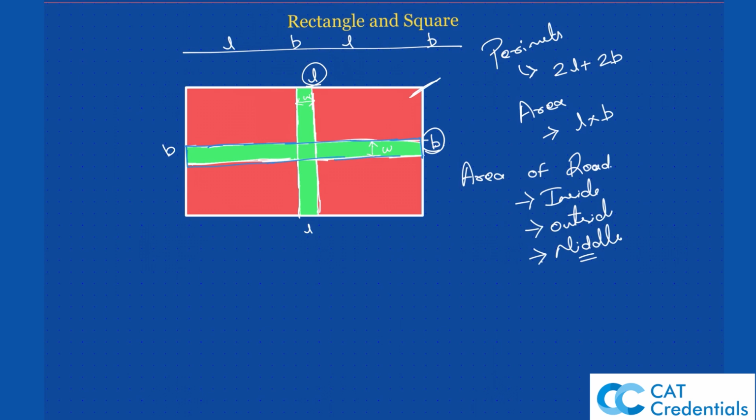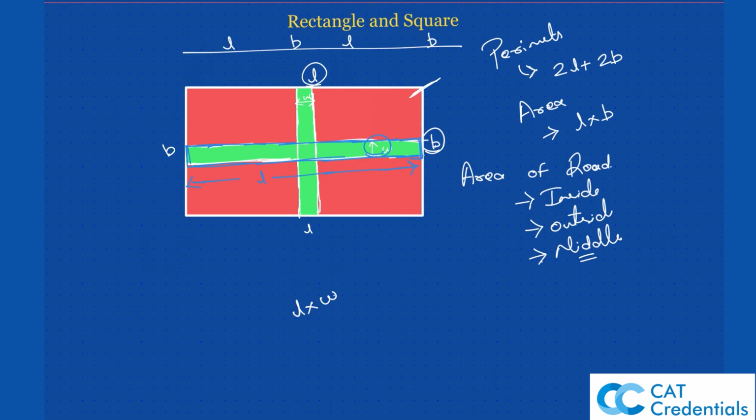So if I make a small rectangle here, what will be the area of this blue rectangle? You will say it is simple, this is length and this is width, so L into W will be the area of this rectangle.